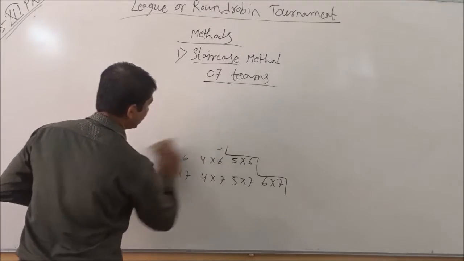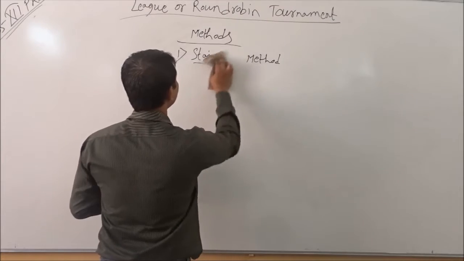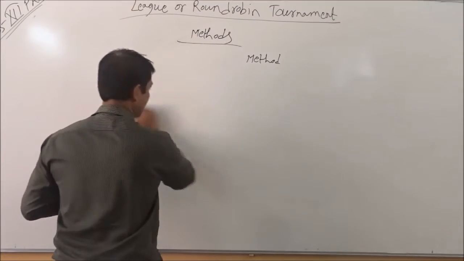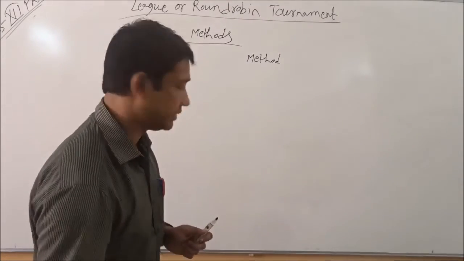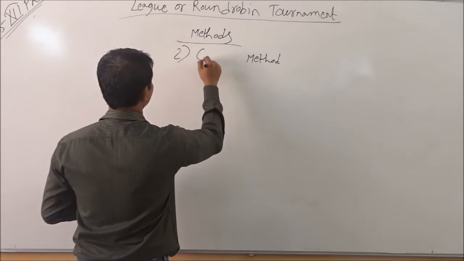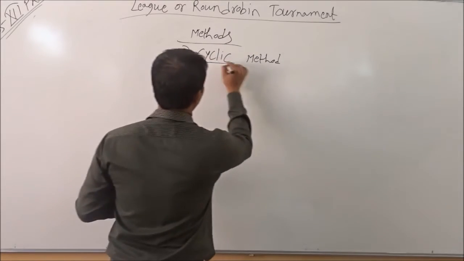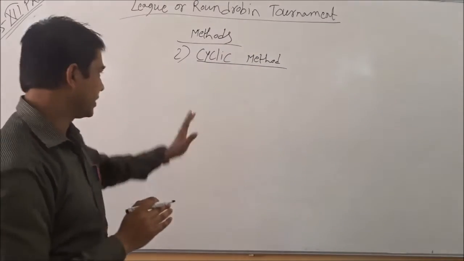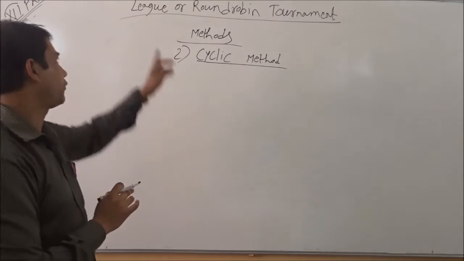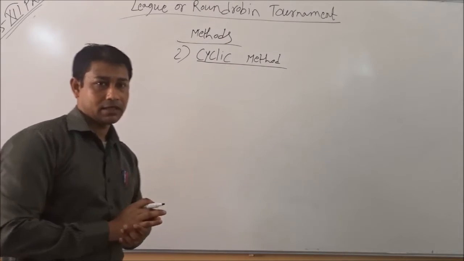Now moving forward to another method, that is cyclic method. Now, this is method number 2 of league or round robin tournament. Cyclic.